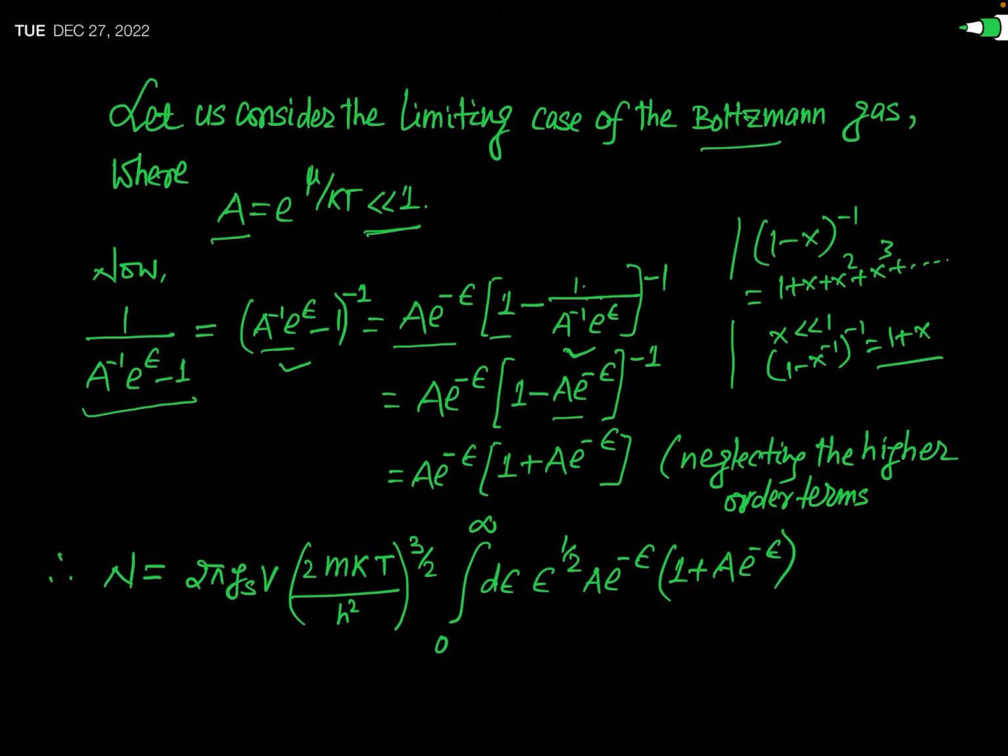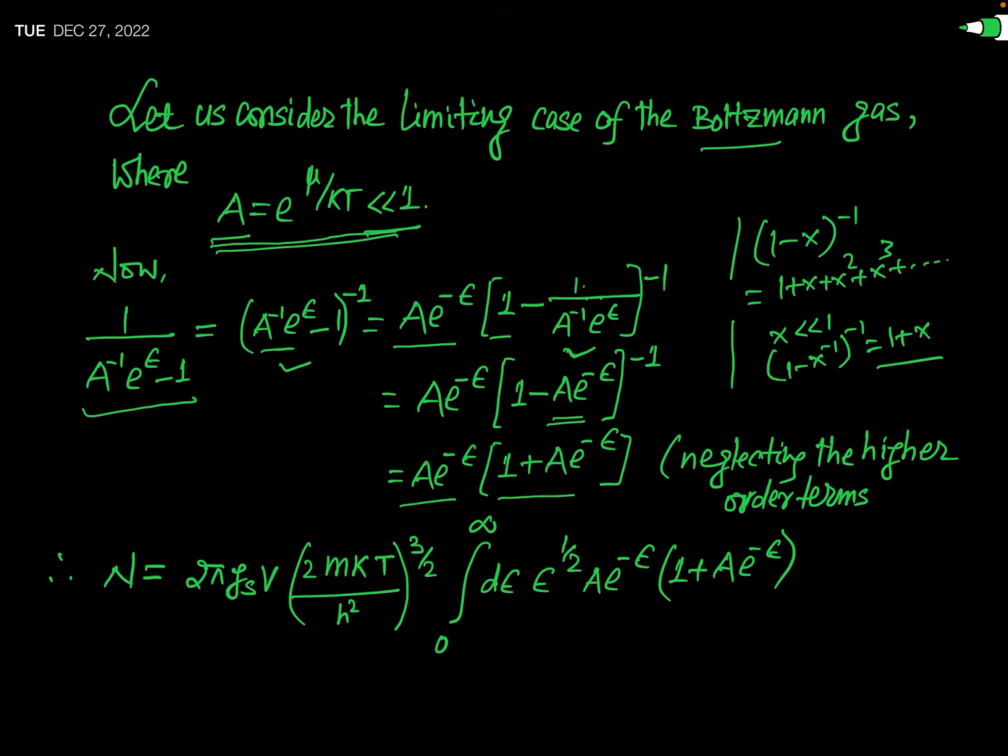And this is the case here. You can see that we have assumed that in the Boltzmann limiting case a is much smaller than 1, so the higher terms will be neglected, and we write simply 1 plus x. At the place of x there is a into e to the power minus epsilon. So this is simply a into e to the power minus epsilon into 1 plus a e to the power minus epsilon, neglecting the higher order terms.